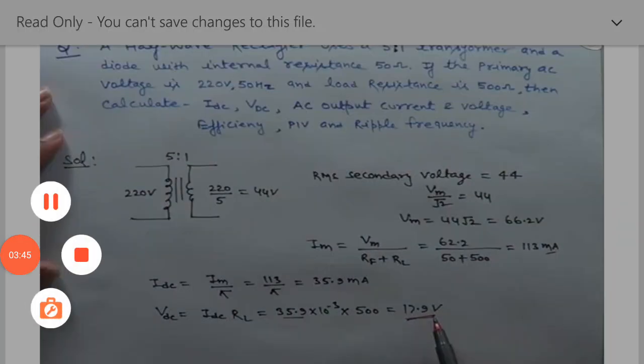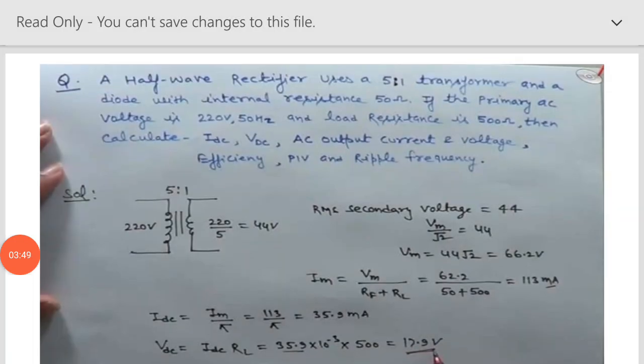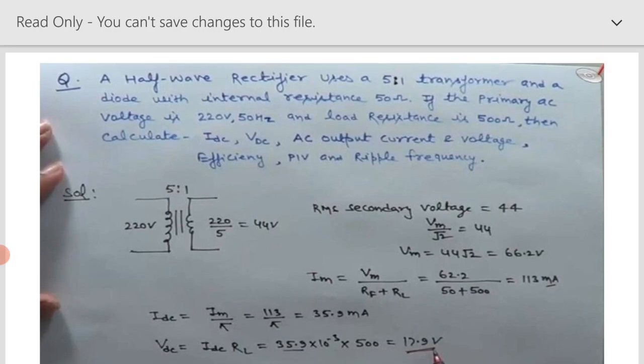Now, how do we calculate it? Firstly, what is given in the question, we put into the diagram. They give a 220 volt, 50 Hz input supply. 220 volt is given to the transformer, a 5:1 transformer is used, and the frequency is 50 Hz.